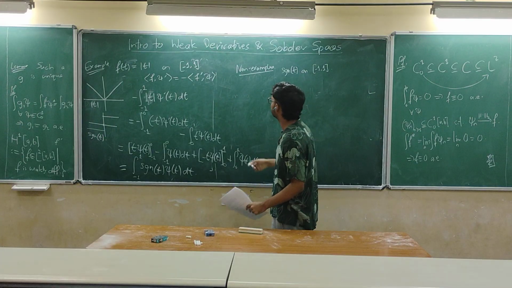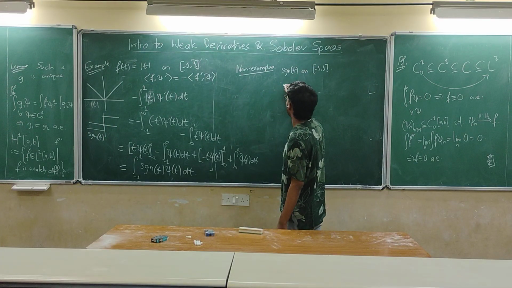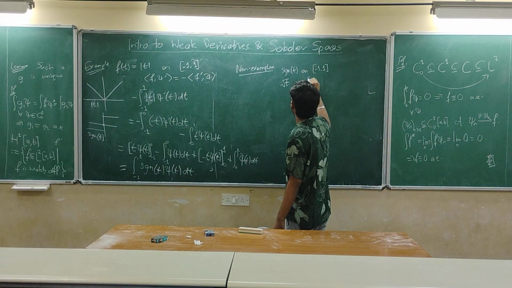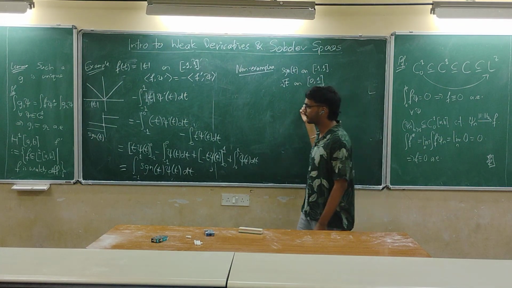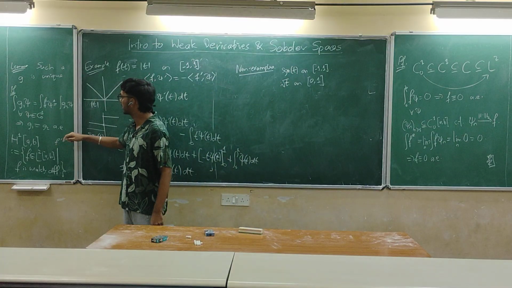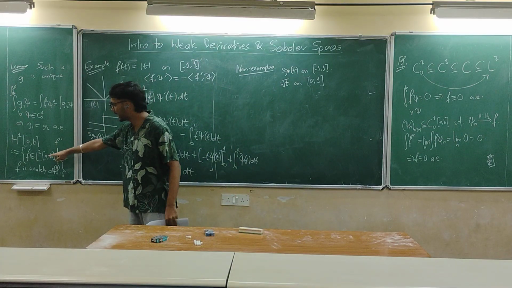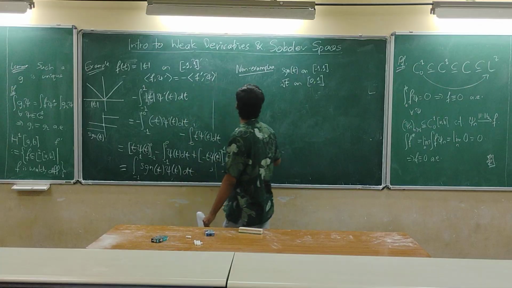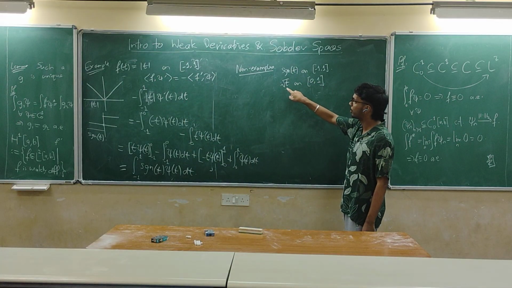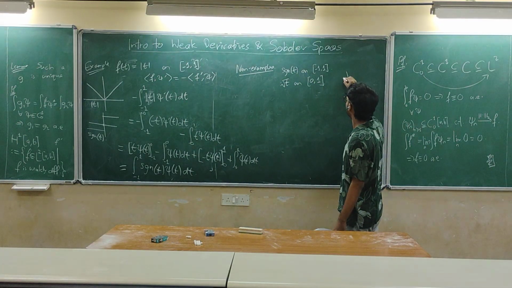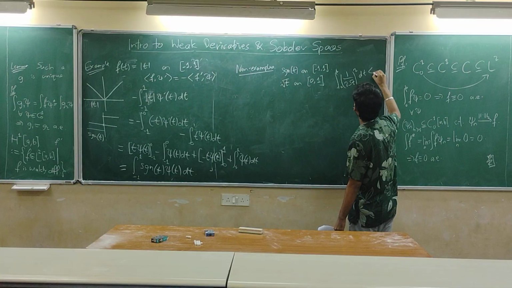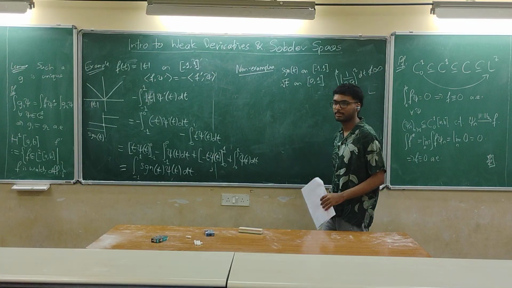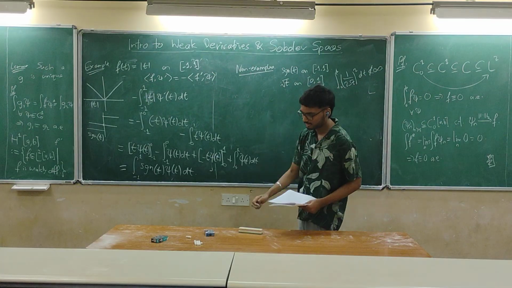We will show the fundamental theorem of calculus later. Another non-example is root of t on 0 to 1. We require that the weak derivative must be square integrable. We require f' to be in L squared, but the integral of the square of the weak derivative, which is 1 over root t, from 0 to 1, is not less than infinity, so it's not square integrable. So this is not a weak derivative.